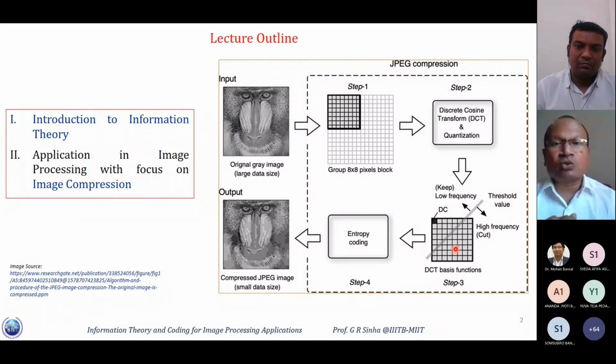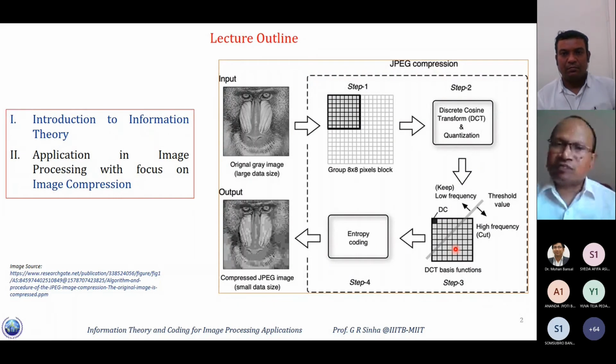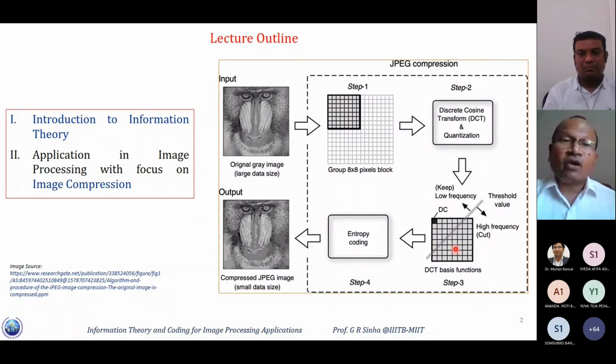What I'm trying to say is, when you talk about data compression, you have to make sure that the originality of the message is not lost. The originality or the intelligence of the message is not lost. So you have to find out what the redundant data is.